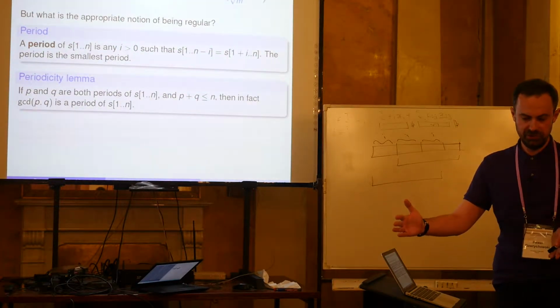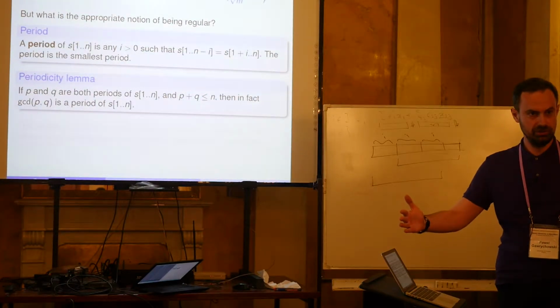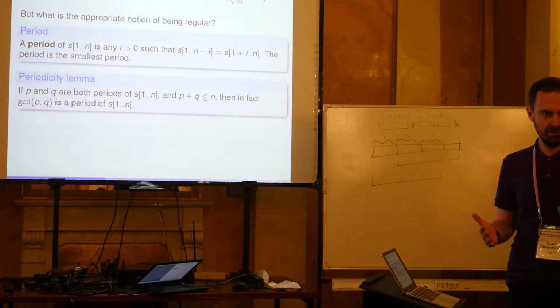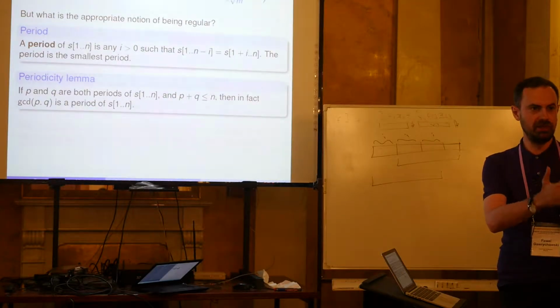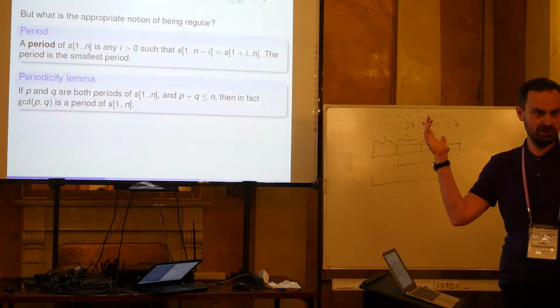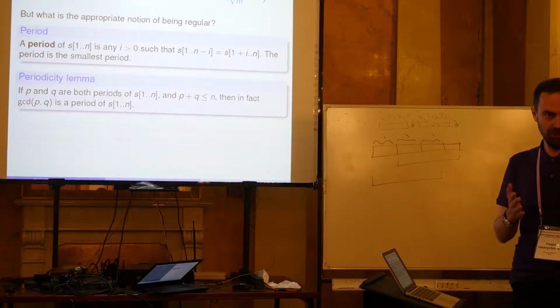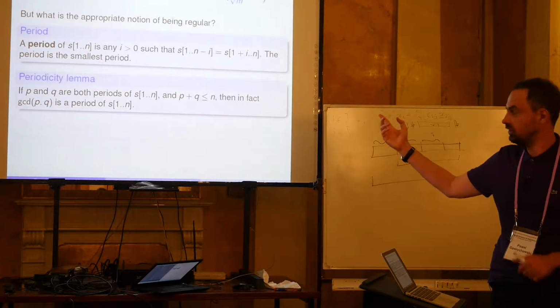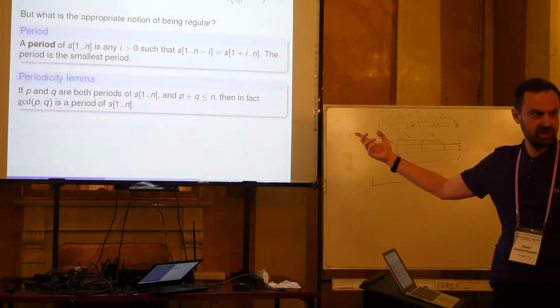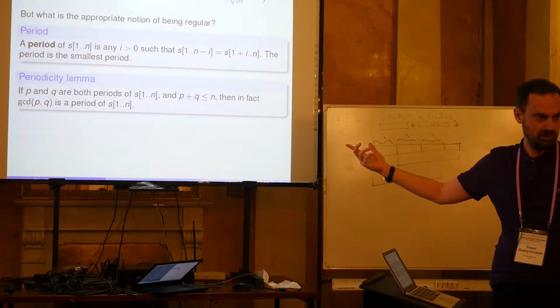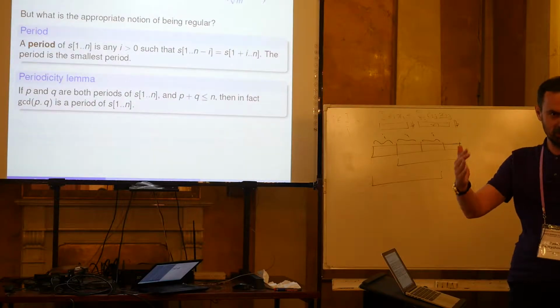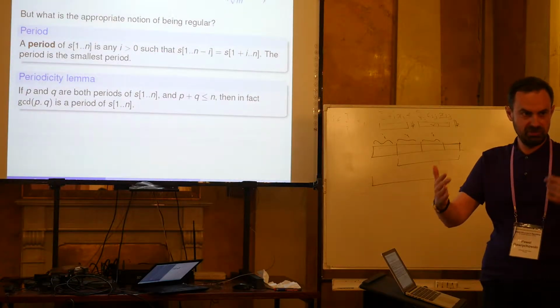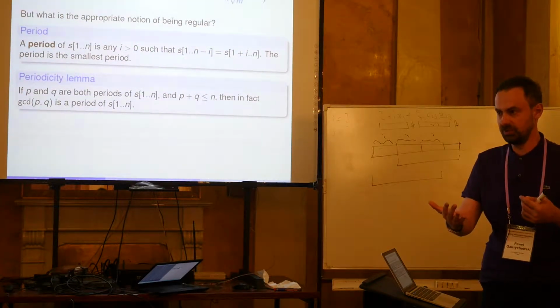So your string could have many different periods. If you look at all periods which are not too large, they actually have a very nice structure. They are multiples of the shortest period. That's what you get from this lemma. When you take two periods, each of them at most half of n, the condition of the lemma applies, and the greatest common divisor is also a period.